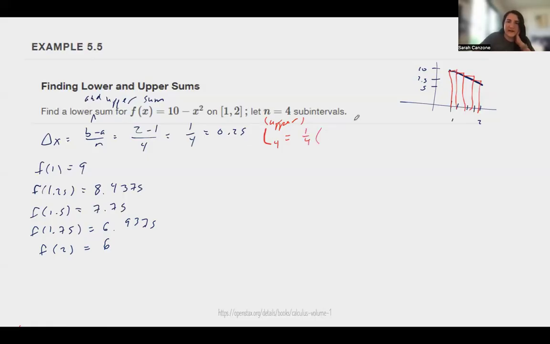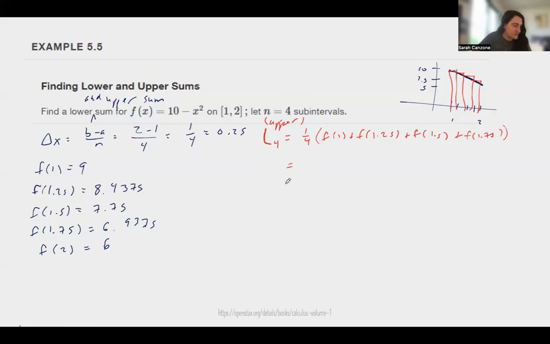And then we are going to add starting from the left. So that's going to be f of 1 plus f of 1.25 plus f of 1.5 plus, and then this last one is at, this should be leaning over a bit more. This was a very bad sketch on my part. f of 1.75. And we should, in fact, have 4 rectangles because we're using 4 here.